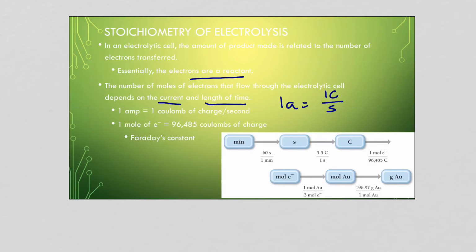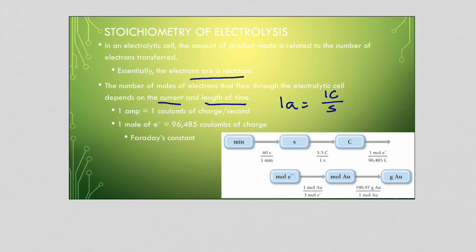So the basic layout of a problem might be: if I know that I run it for a certain amount of time, I can get my time into seconds. Then if I know the current that I use, I can see the total amount of charge that would have been put through. So if I'm running 5.5 amps, let's say, I put 5.5 coulombs per every second.